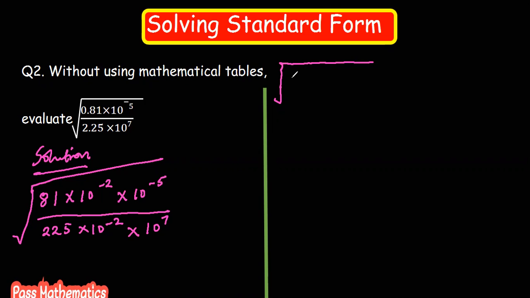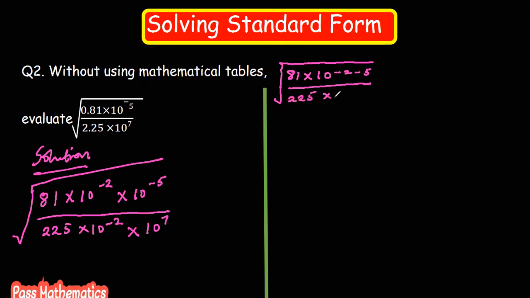This is going to be 81 times 10. So let's add the indices. That is minus 2 minus 5, then divided by what we have.